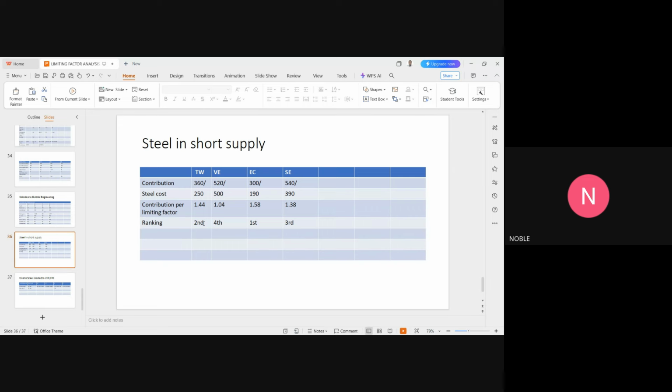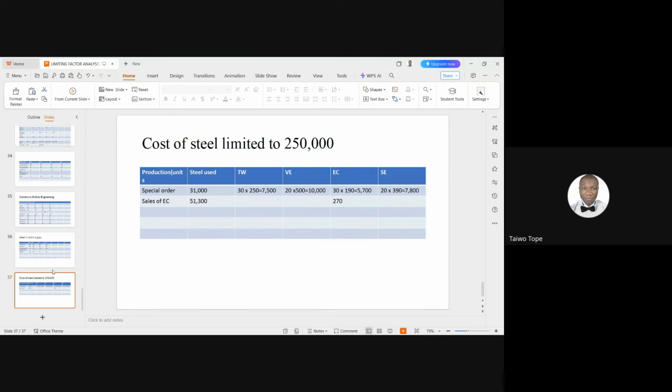TW. Fine. Now, 100% in terms of the special order, TW special order is 30, right? It means the 100% will be 300. What will be left if you give out 30? 270 still.